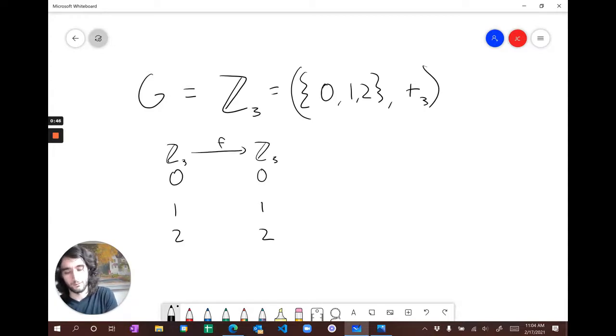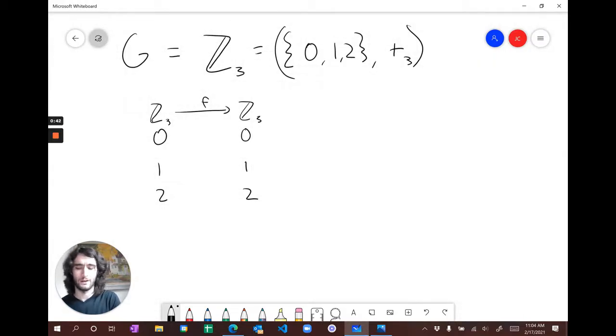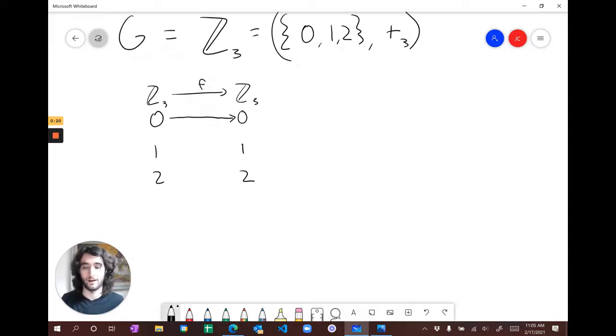So what are all the ways that you can do that mapping? Well, big restriction: an isomorphism always maps the identity to the identity. So I know that 0 goes to 0. That is forced upon me by it being an isomorphism, because all isomorphisms do that.